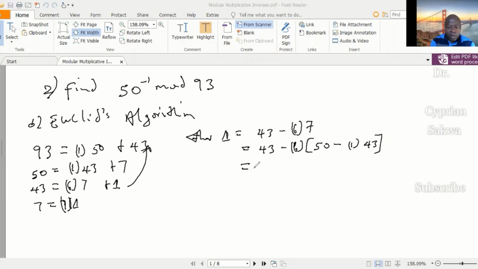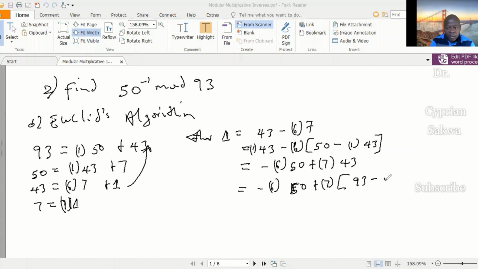So when you open these brackets, negative 6 times negative 1 will be positive 6, plus this one here, 7, multiplied by 43. So what is 43? 43 is 93 minus 1 multiplied by 50.